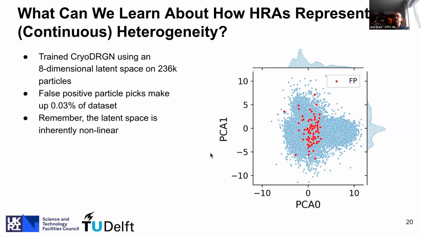So what happens if we use more of our ground truth information to help us interpret this latent space embedding of cryo-dragon's latent space?